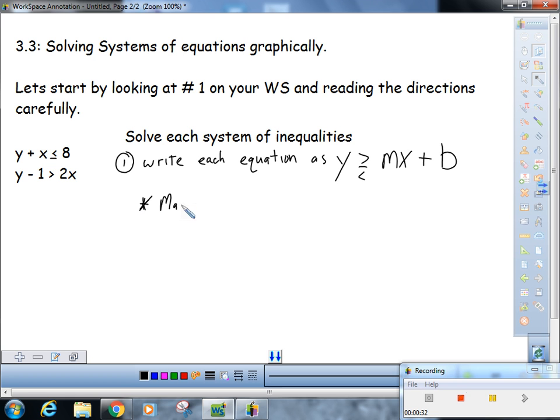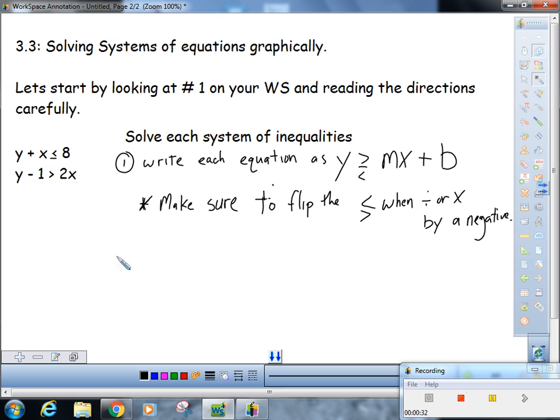Make sure to flip the inequality when dividing or multiplying by a negative. Having now graded a couple weeks worth of your guys' material, I know that at least half of us in here has made that mistake already. Okay?